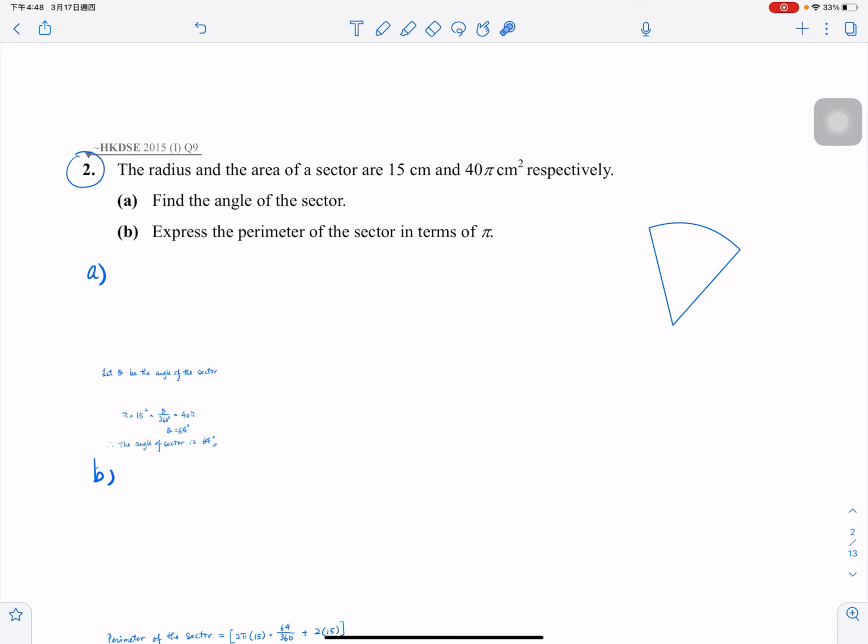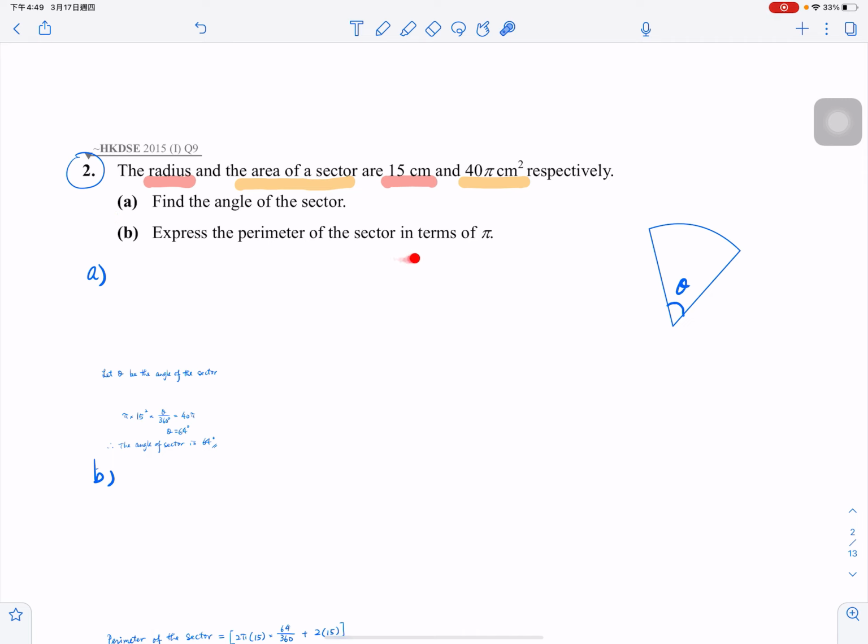Okay, let's see. Now the radius and the area of a sector are 15 cm and 40 pi cm square respectively. It asks you to find the angle of the sector. There is no figure, so I draw it myself. Here is the angle of the sector, maybe I let it be theta. This is the first question.